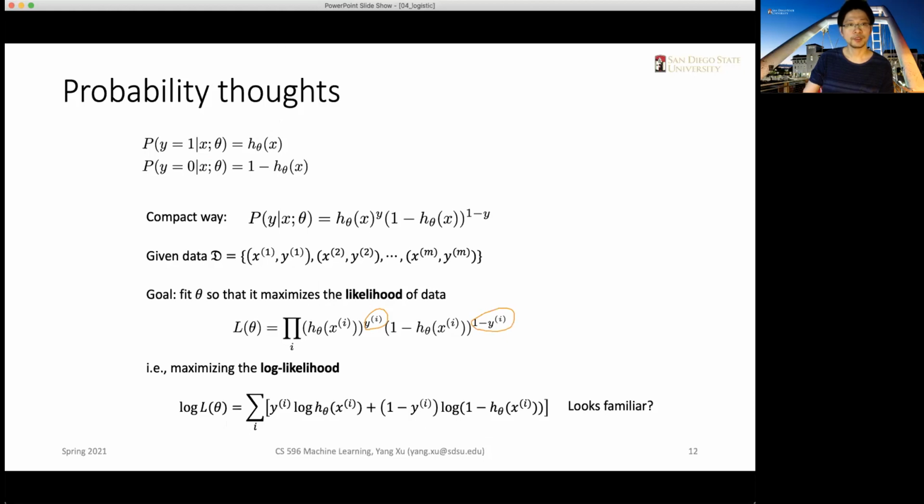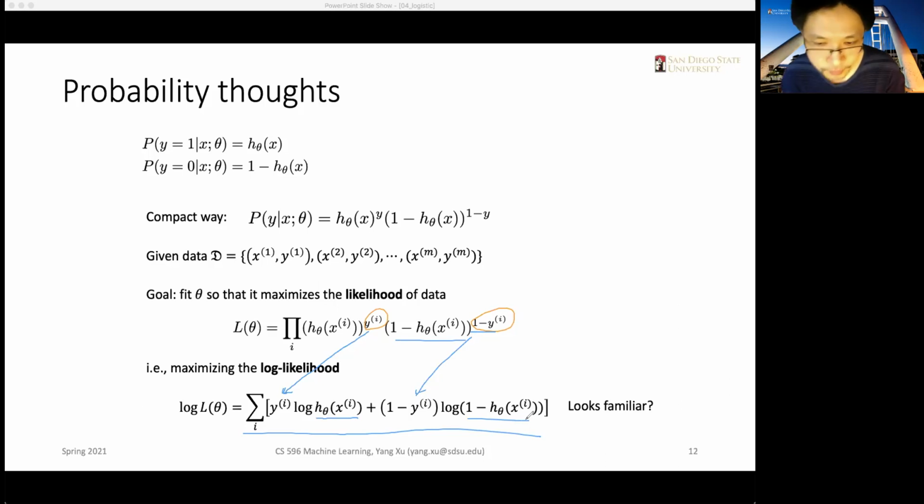Right, now we can see something that's really familiar, right? Because if we apply the logarithm function here, the y_i will be outside, and what's inside the logarithm function is h theta of x, and the 1 minus y will be here, and 1 minus h theta of x will be inside the logarithm function, right?